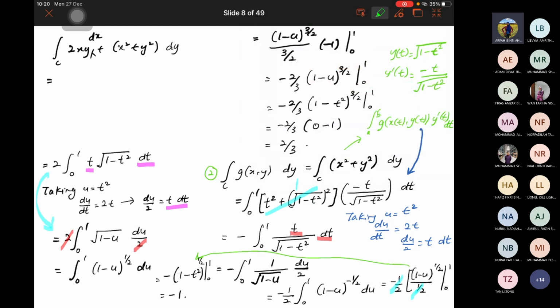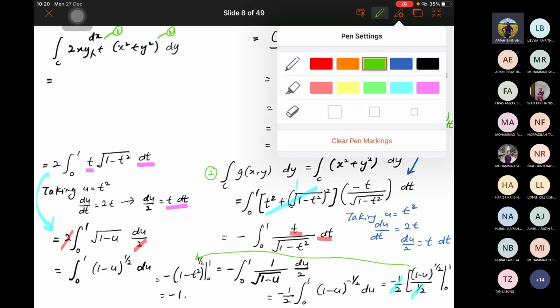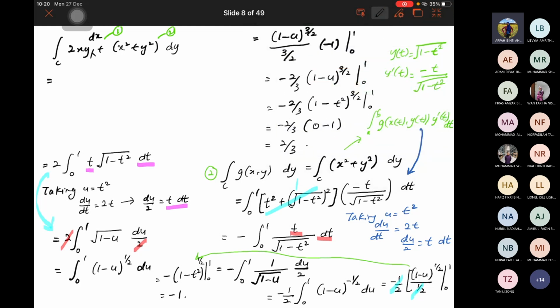Tadi kita dah kira this is the first part and this is the second part. First part tadi kita dapat 2/3 tolak 1. So dapat negatif 1/3. Itu jawapan dia.